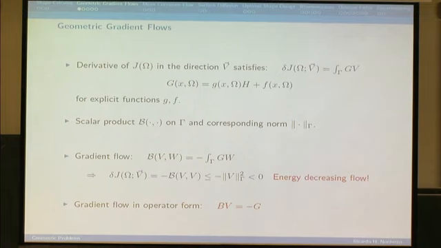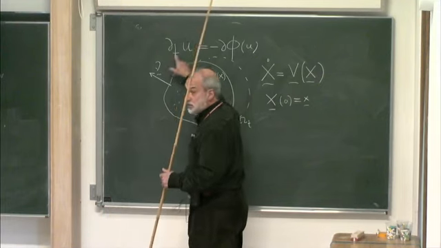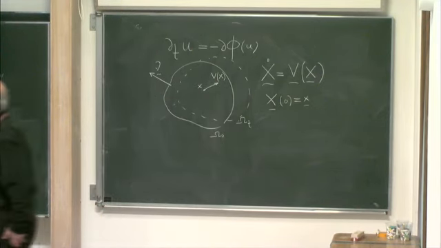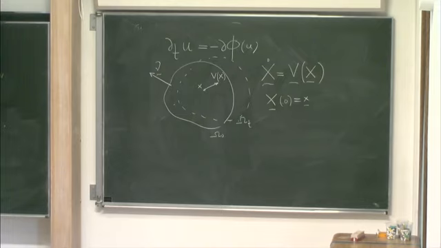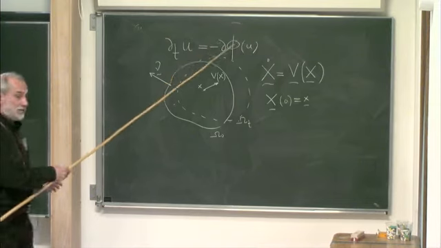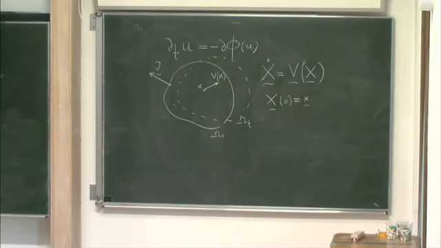I multiply by a test function, but I measure this in the metric induced by the inner product, which is the left-hand side, and V is the velocity with which I'm moving the domain, which is this dtu. And on the right-hand side, I have minus the shape gradient in the direction W, which is this in weak form. Okay, that's a gradient flow.